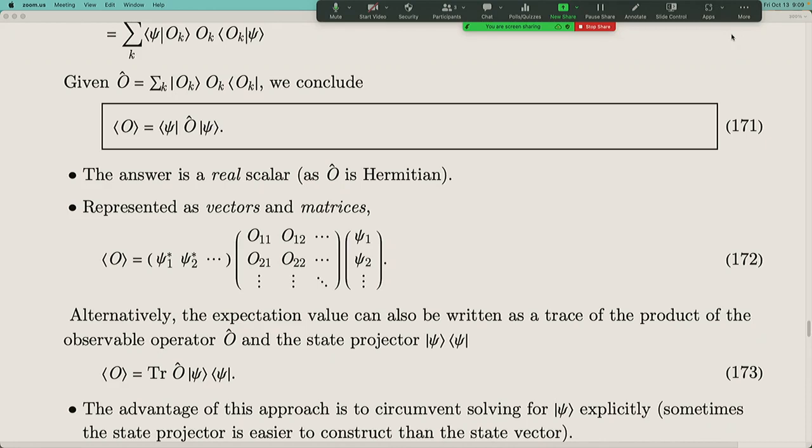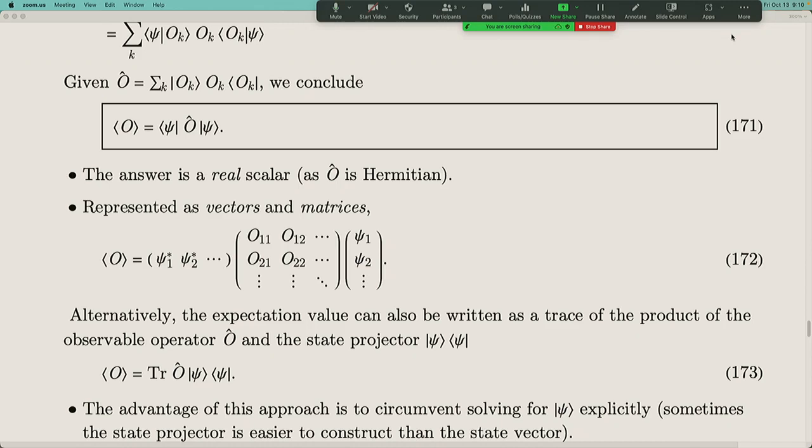Since this observable always corresponds to a Hermitian operator, its Hermitian conjugate is the same. And if you exchange ket and bra, nothing is going to be different. It's the same state on the ket and bra. So that's why the result is always a real number, because the result's complex conjugate is the same as the result itself. If a number is the same as its complex conjugate, then we conclude that the number must be a real number.